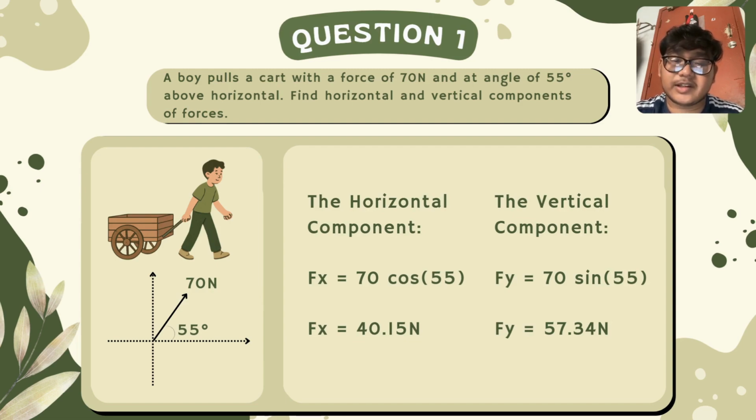So the answer for the vertical component is 57.34 Newton. Why are the horizontal component and vertical component positive? Because the horizontal component is being pulled to the left and the vertical component is going upward.